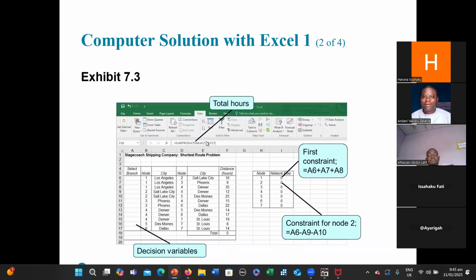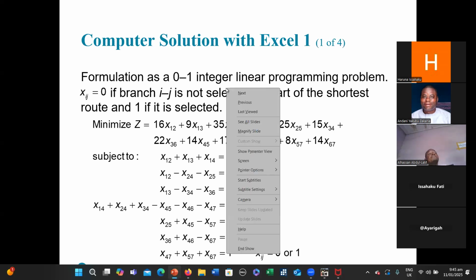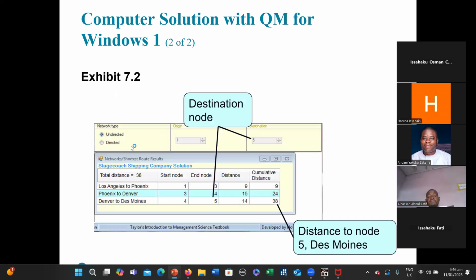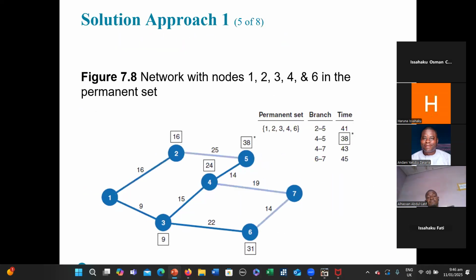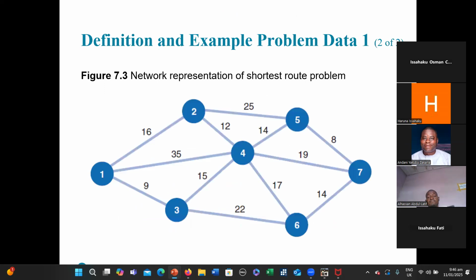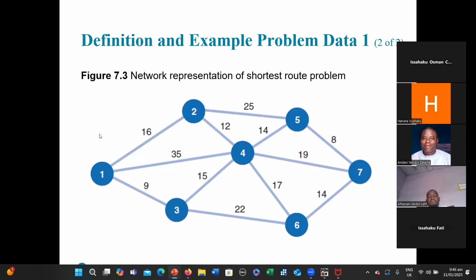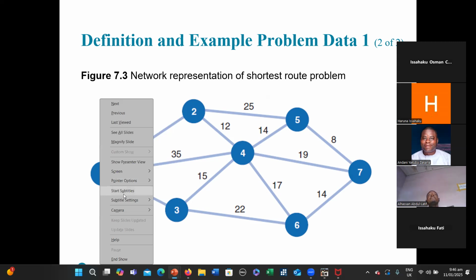So I said we can look at it from the perspective of a minimization problem. So we are minimizing the total time. So this is what we are minimizing. That's from the start. So here, we see that all are covered in that. So we are in the minimization problem, just like we've done in linear programming.